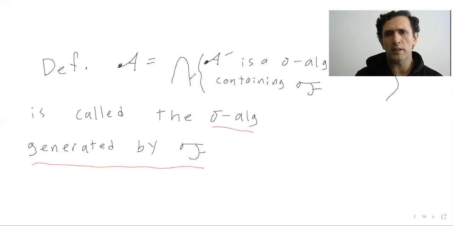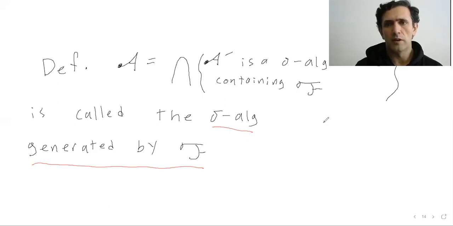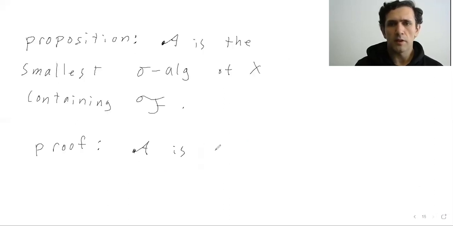Well, we know that this intersection is a sigma algebra. We just proved it. We know it contains F because each one of these contains F. Each one of these script A primes. So you take the intersection of all the script A primes that contain script F. So this is a sigma algebra of X. And I apologize if I'm being a little messy.